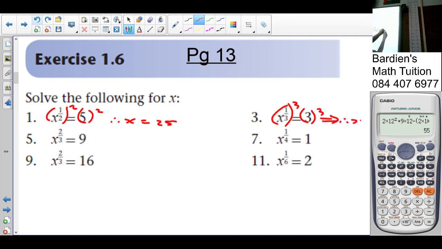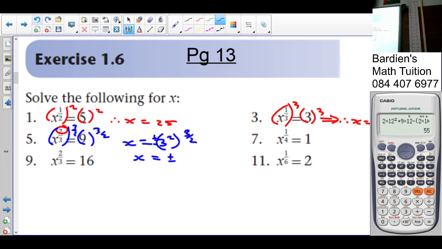Therefore, x is equal to 27. Look at number 9. The numerator is even. What must we not forget? Plus minus. So I'm going to raise that to the power 3 over 2. So x is equal to 3 squared raised to plus minus 3 over 2. So x is equal to plus minus 3 cubed, which is plus minus 27.